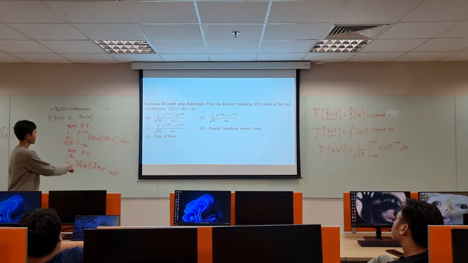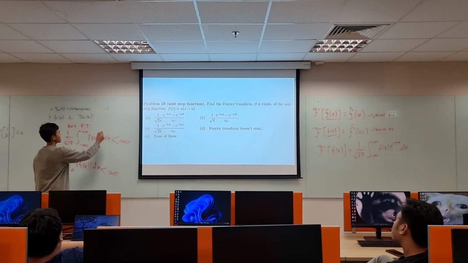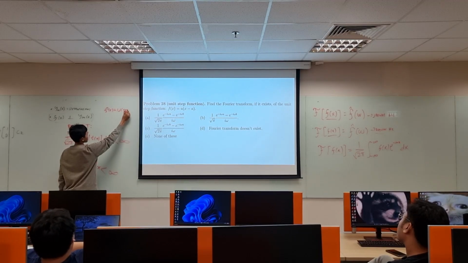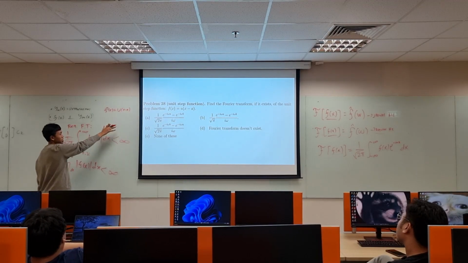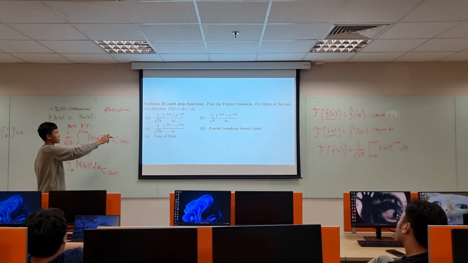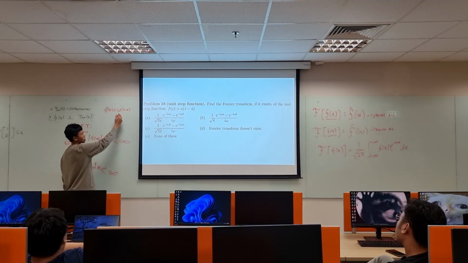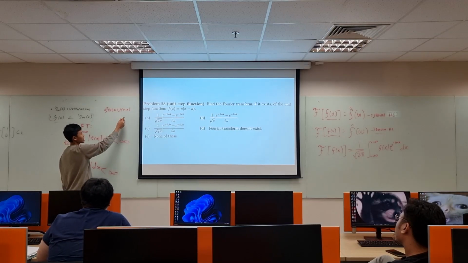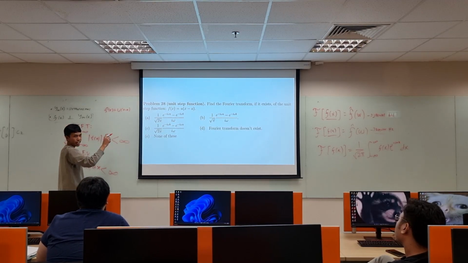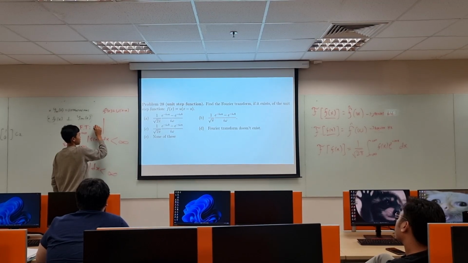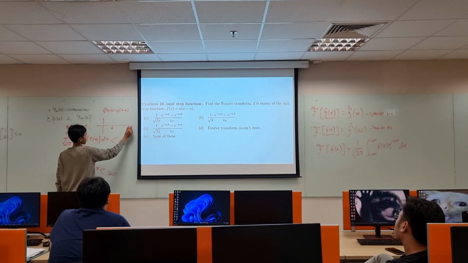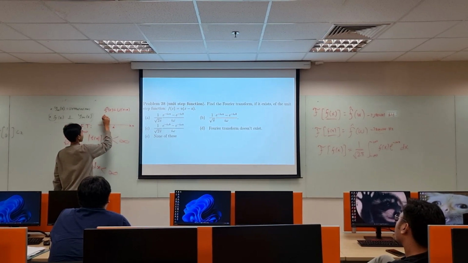Actually, you don't need to check it using this. f(x) equals u(x minus a). No, because the function is simple. u(x minus a) means that it turns on at a. The value becomes 1 at a, and before that it's 0.